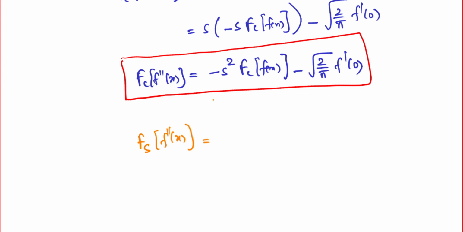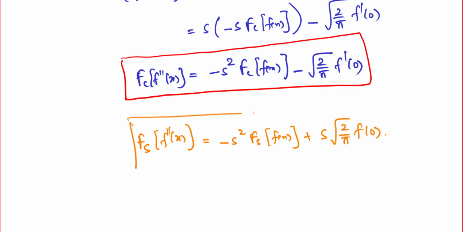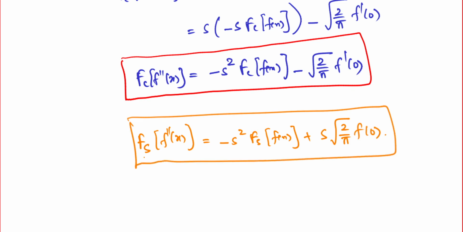Apply the Fourier sine transform of the derivative once, which gives a cosine transform, and then apply the cosine transform of the derivative, and you get the Fourier sine transform of f double dash, which is minus s square Fs of f of x plus s into square root of 2 by pi into f of 0.